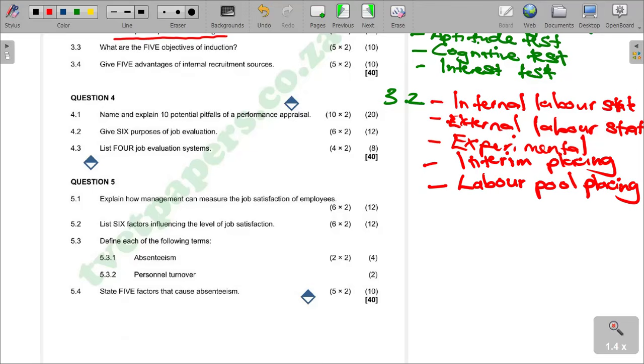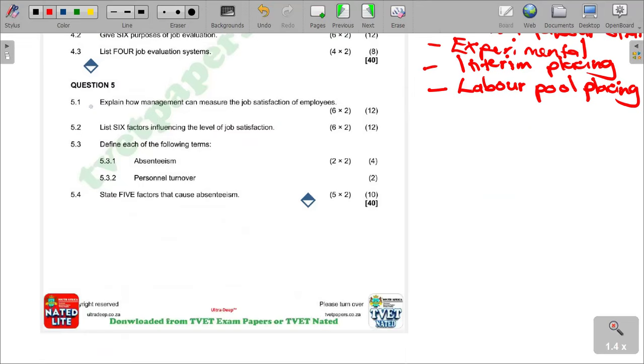So let's move on to question 3.3. What are the 5 objectives of induction? So we are going to talk about the aims of induction. 3.3.